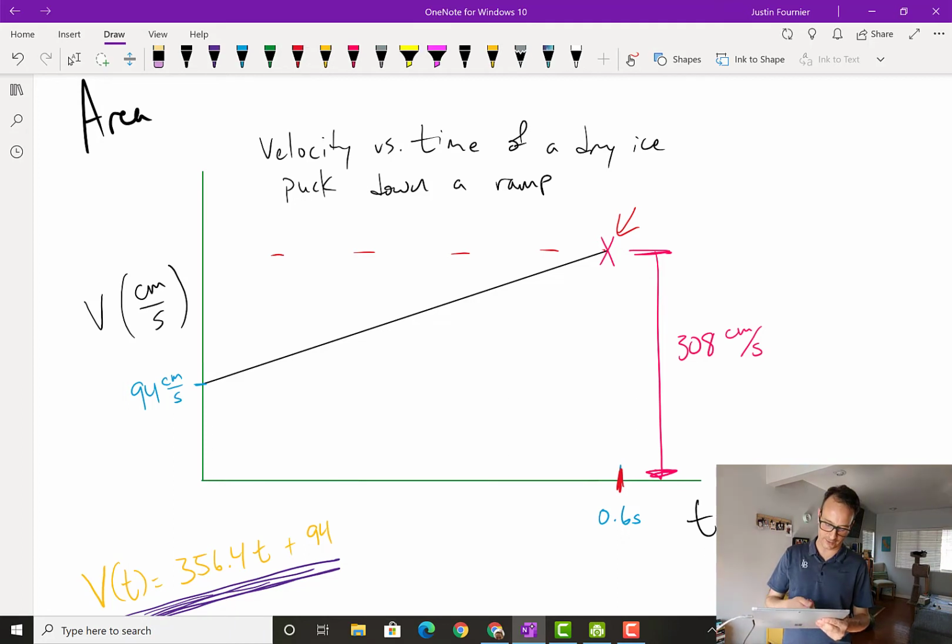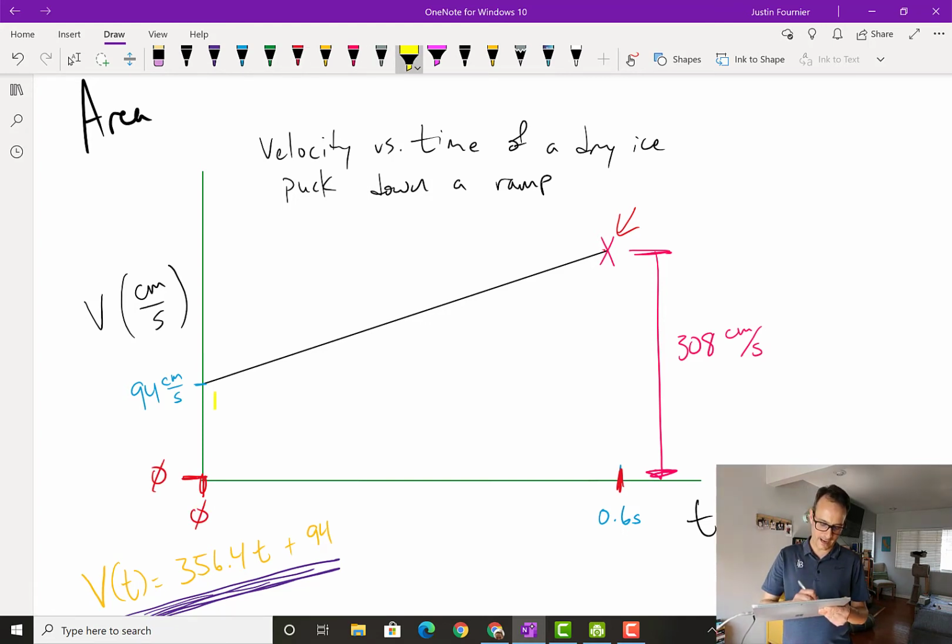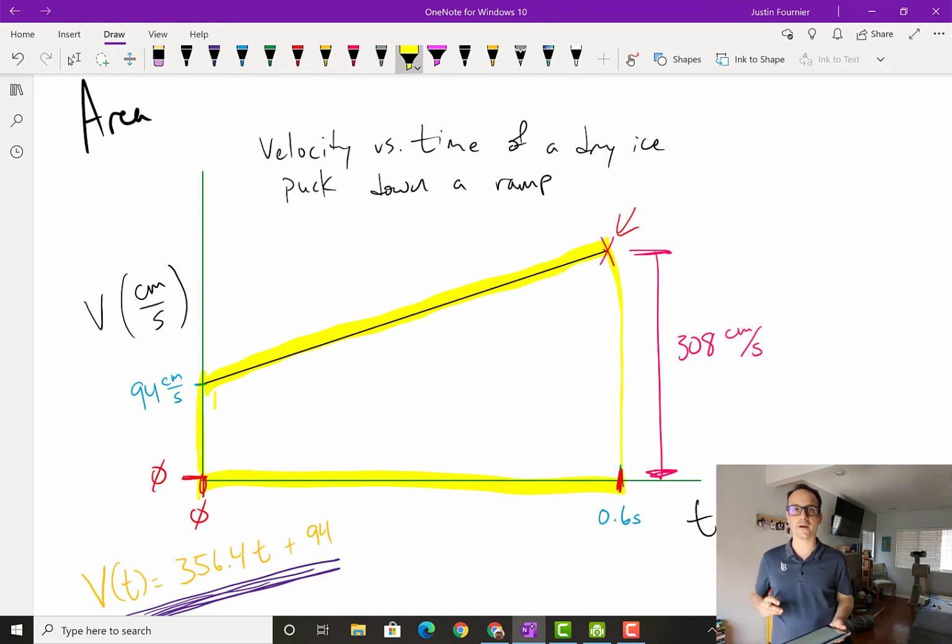I read it off. It's about 308 centimeters per second. Again, typically in this class we're going to use meters, but this works out better with centimeters. And then the y-intercept is 94 centimeters per second. And then here obviously is 0, 0. So you're just going to make a graph. You see that shape? You're going to calculate the area of that shape.